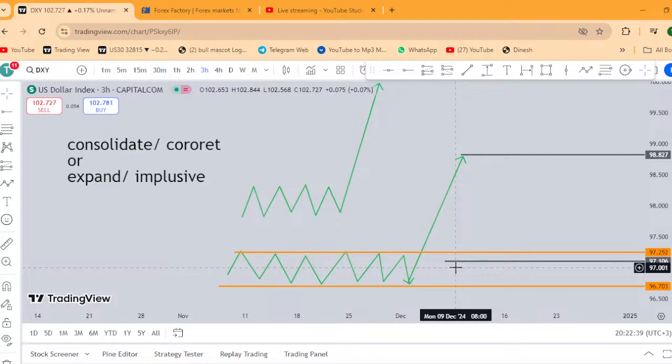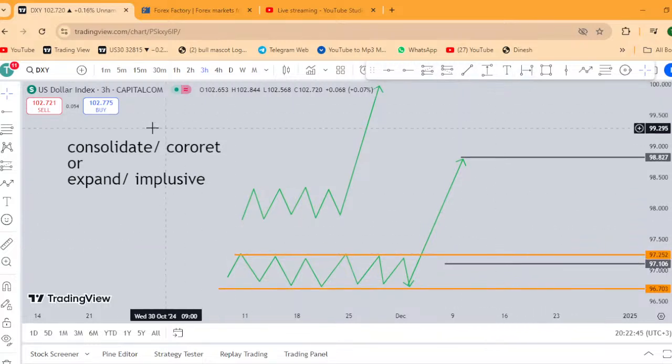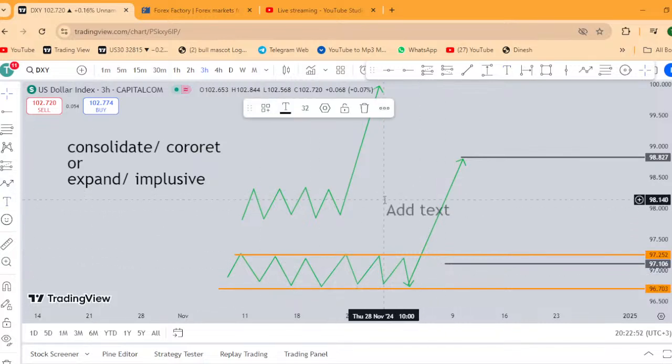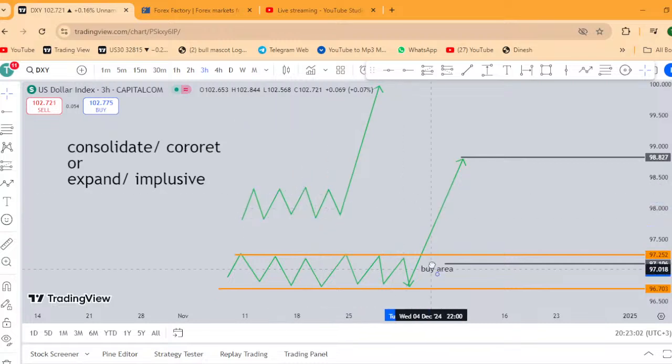So I'm only going to buy from this point, and I'll be waiting. We can name this a buy area, because there are buyers here.